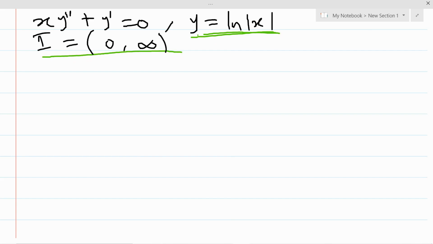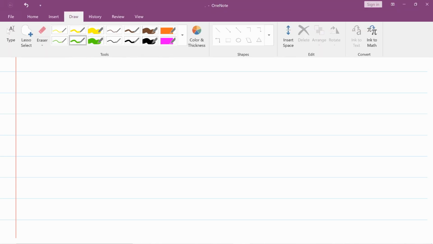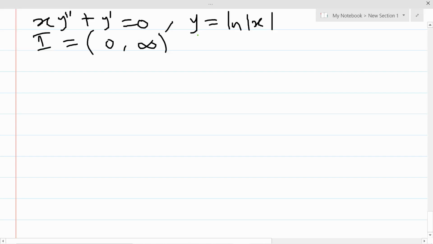This is because if we are to plug in values of x into this solution given, that is the y, ln is a logarithm, and logarithms are not defined for negative numbers.